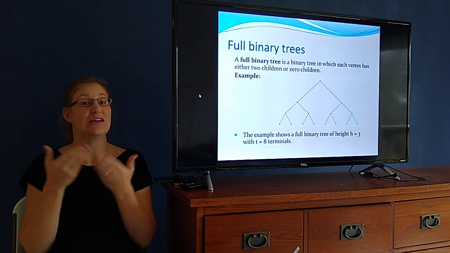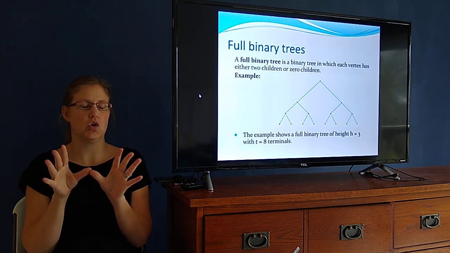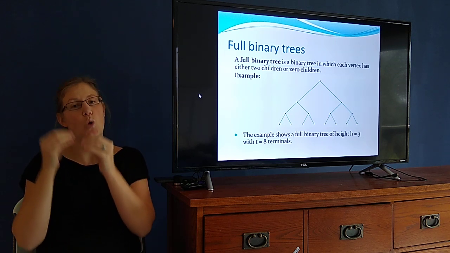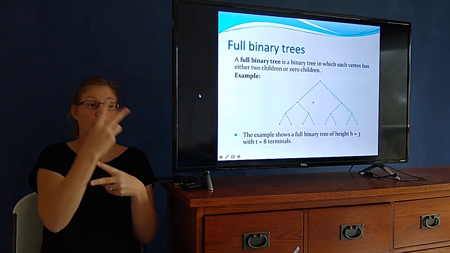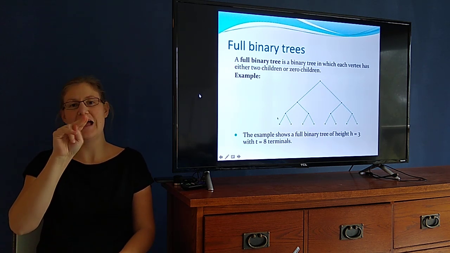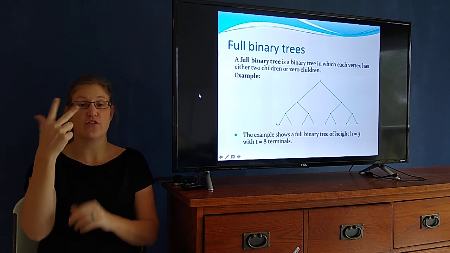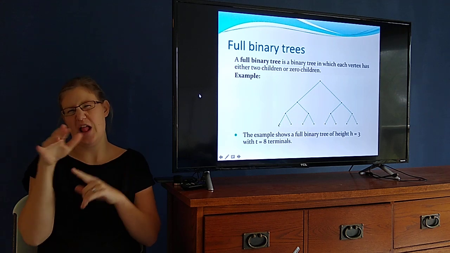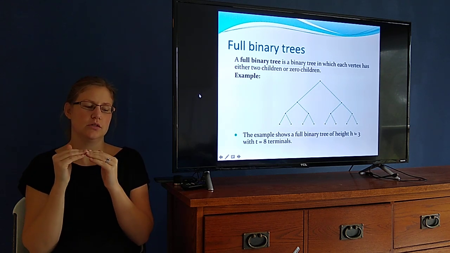But here we are also including one more piece of information, that each vertex has either 2 children or 0 children. So this is a full binary tree, and that shows the height of the tree and the terminal vertices, which are the leaf nodes. The number of leaf nodes is 8.